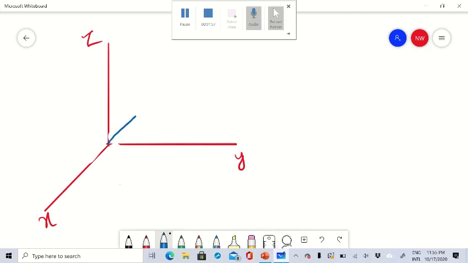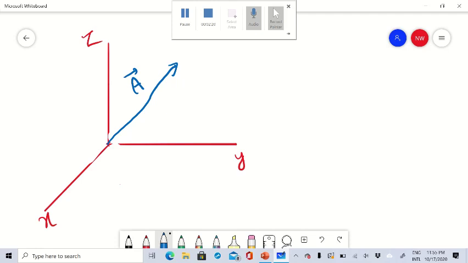This is vector a, we represent it as vector a. Then this vector can be resolved into the x, y, and z axes, right?